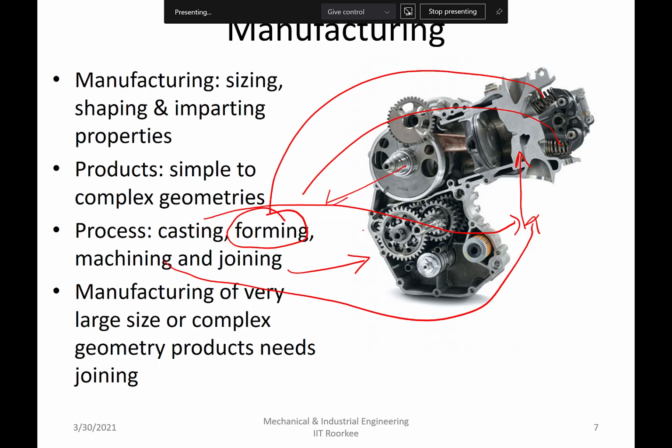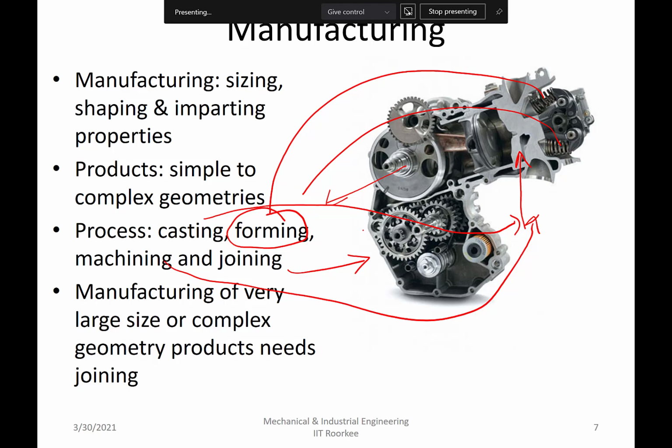So for making any usable product, you need many processes so that each part can be given the desired size and shape with the desired set of properties, and subsequently all those parts can be brought together to make the product usable, and for that you need joining.